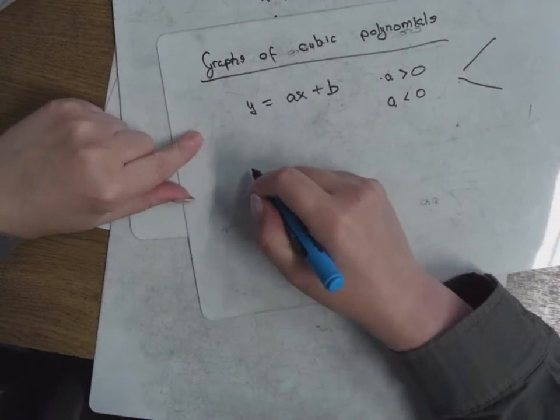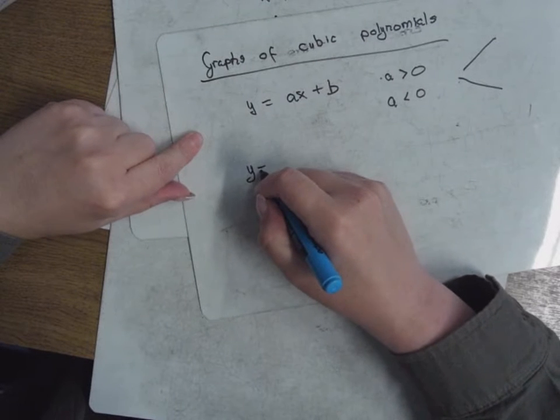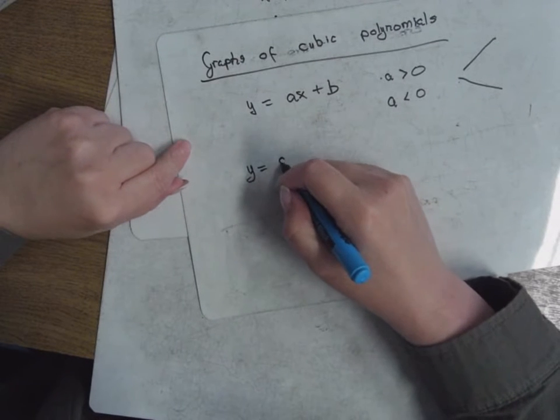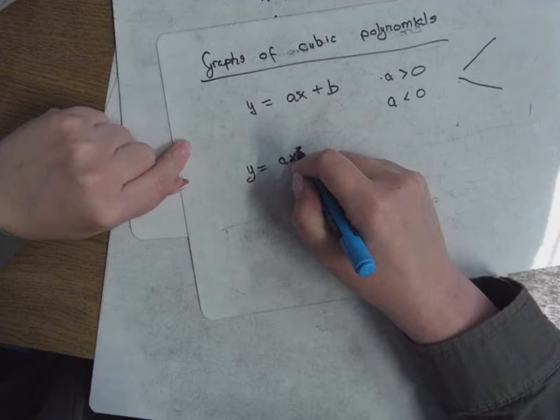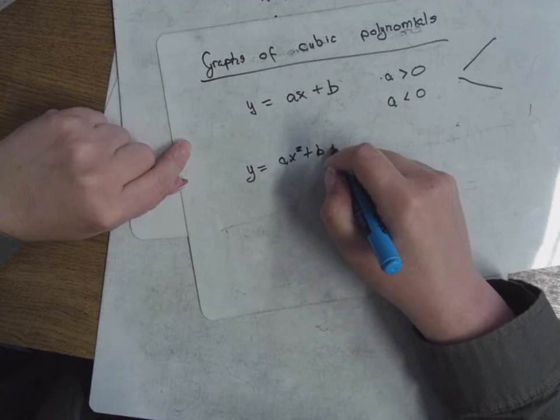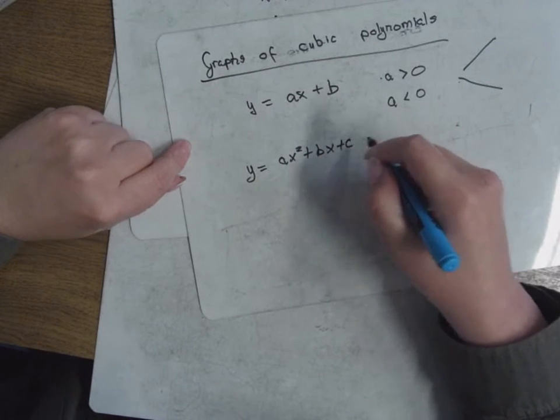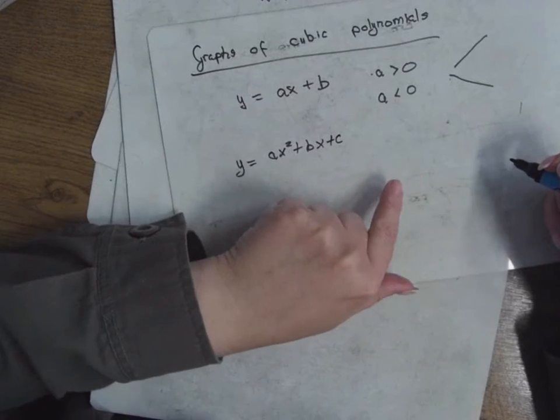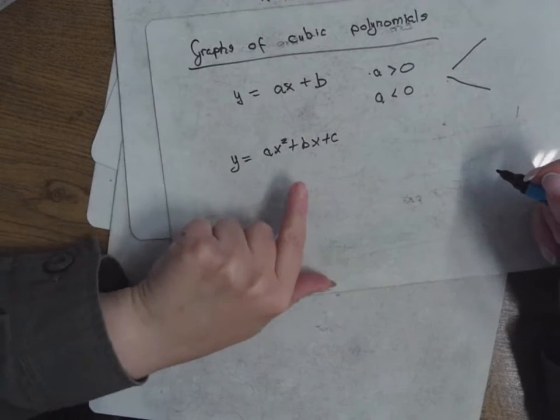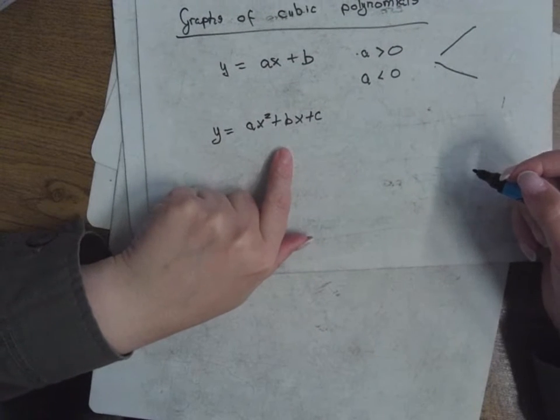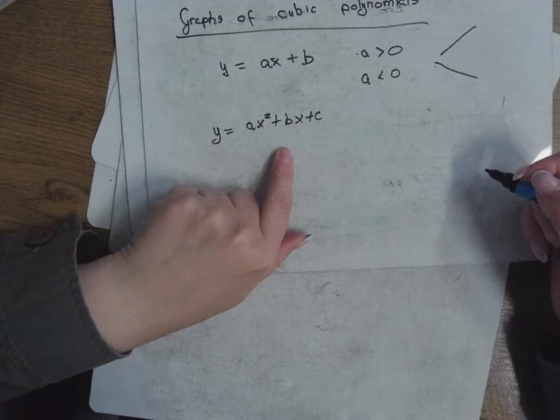Right, okay. If we have a quadratic equation, something like ax squared plus bx plus c, and if I was to graph this, tell me, girls, what would it look like? Smiley face or sad face?